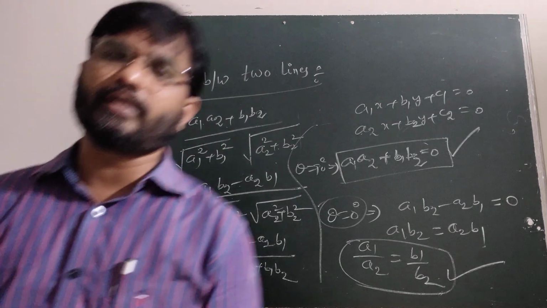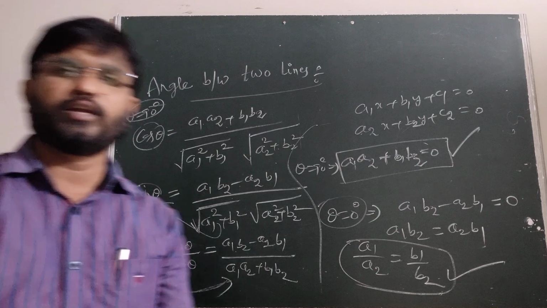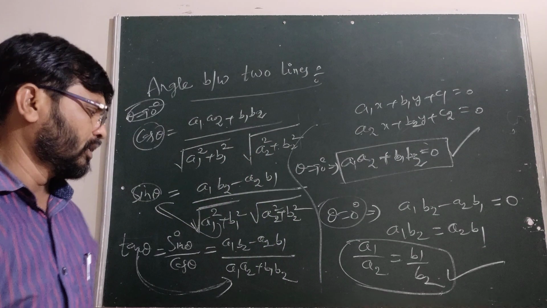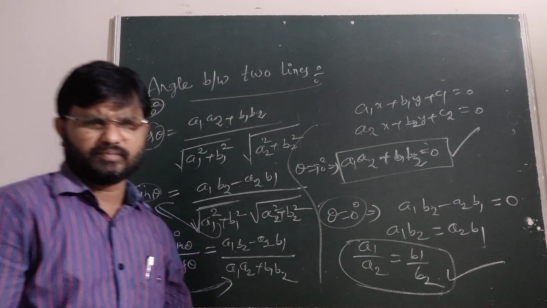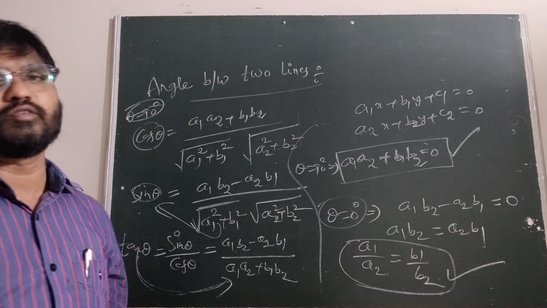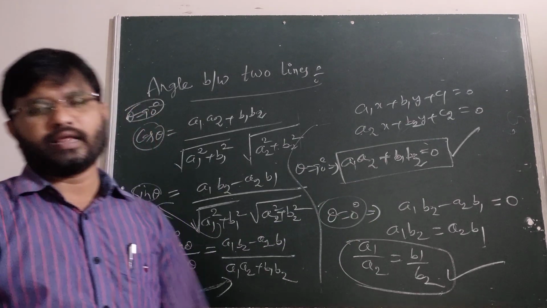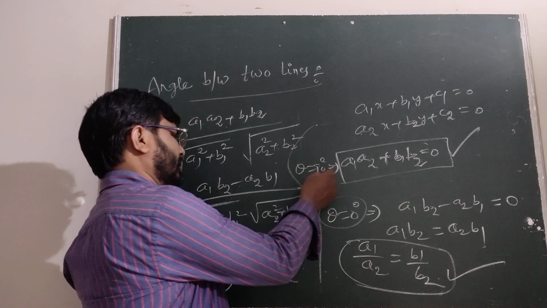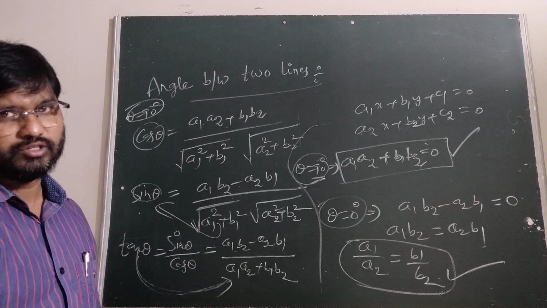Suppose it is also equal to c1 by c2, they are coincident lines. a1 by a2 equal to b1 by b2 equal to c1 by c2, the lines are coincident with each other. But if a1 by a2 equal to only b1 by b2, they are parallel lines. And one more thing, if slopes are equal, they are parallel. And if a1 a2 plus b1 b2 equal to 0 or m1 into m2 equal to minus 1, then they are perpendicular lines. The angle between them is 90 degrees. Okay.